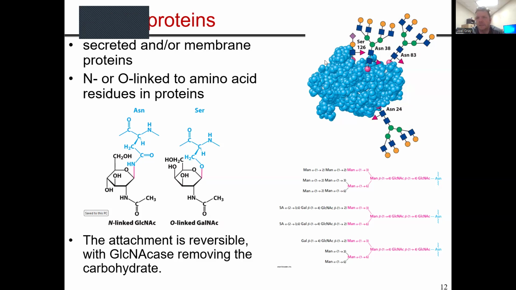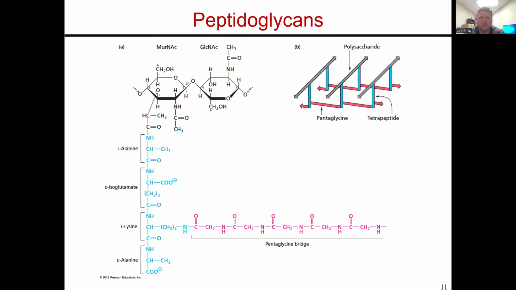Crystal violet is the stain that can be used to detect it, and if you've taken a microbiology class, you probably did a crystal violet stain, which helps you identify whether or not that peptidoglycan is there. And basically during the synthesis, 5 amino acids are added to the sugar.